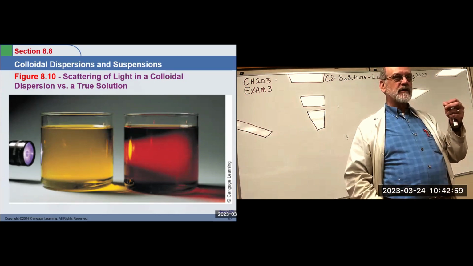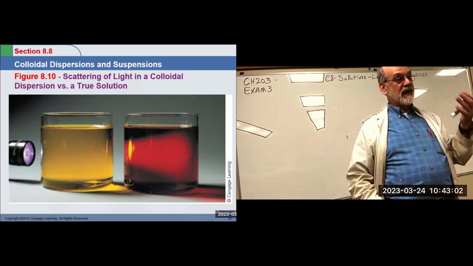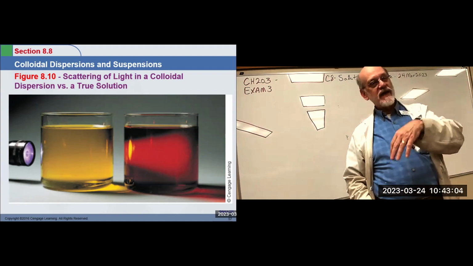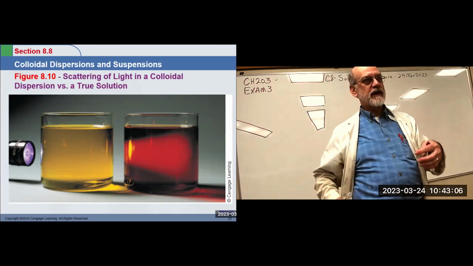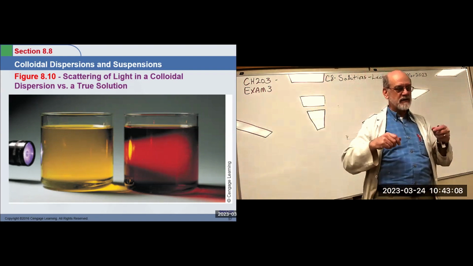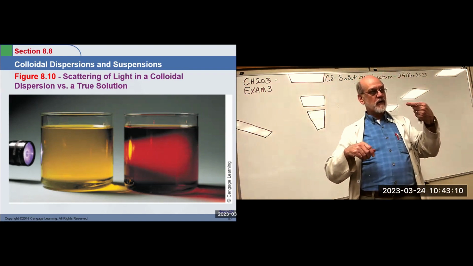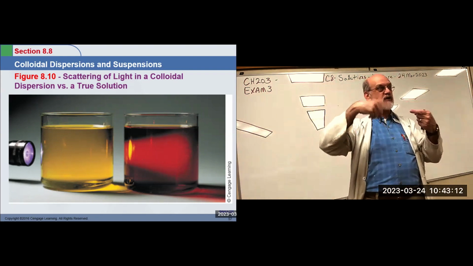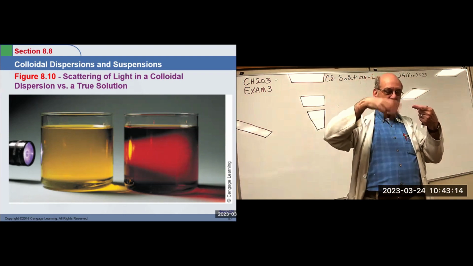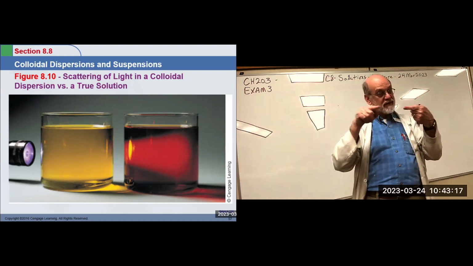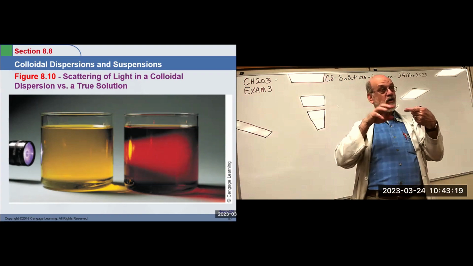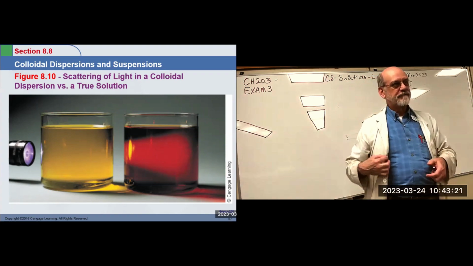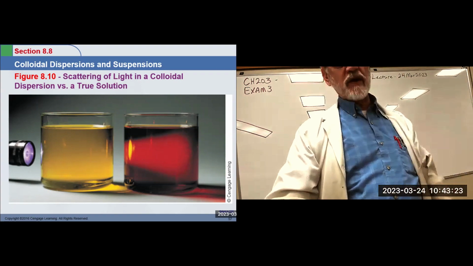But if you wait till you can see it with ambient light, then you've gone way past the endpoint. So we use the Tyndall effect. We dim the lights, and as we're adding solution, we can see the silver chloride form and then disappear as we stir it. But if we get to the point where we stir it and we see the beam and it doesn't go away, that's our endpoint. We use the Tyndall effect in that experiment.